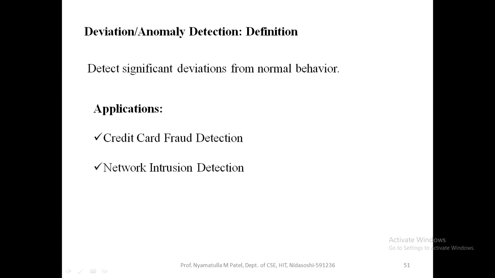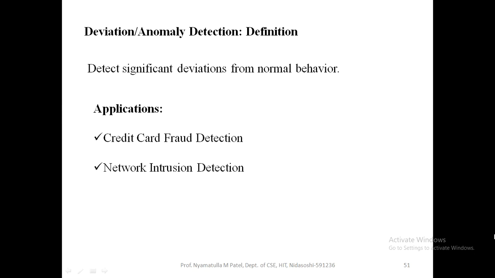So, deviation or anomaly detection definition: detect significant deviation from normal behavior. Anomaly detection or deviation is nothing but if a person behaves abnormally.